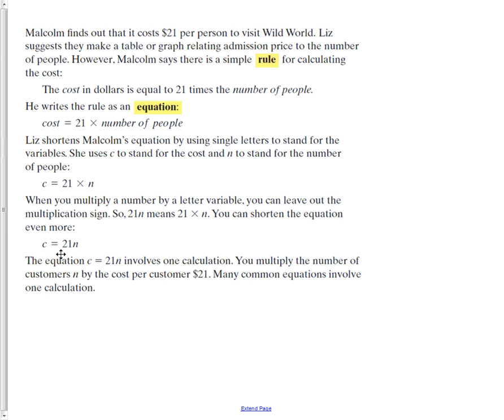So C equals 21N, that means multiply 21 times N. That's a great equation right there. A rule uses all words. An equation uses letters, numbers, and an equal sign.